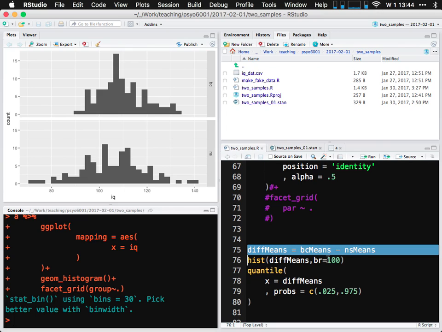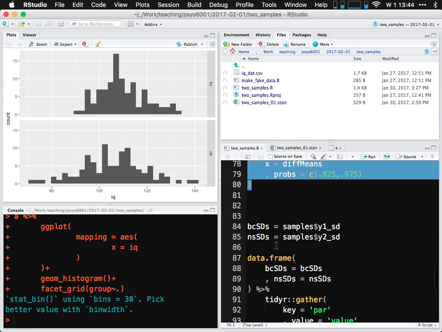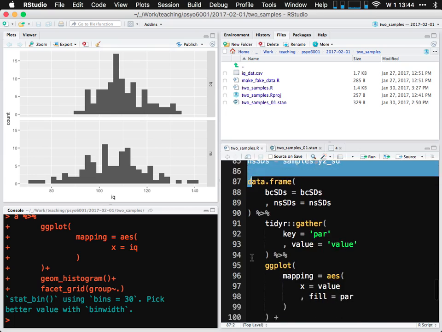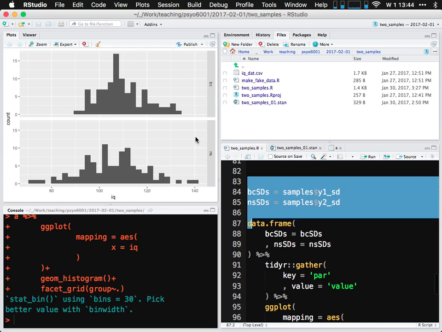And we get the histogram of differences and the credible interval for the differences. I showed you that you could actually do the same thing for the standard deviation, so you could speak to not only differences between the groups in terms of their location on the x-axis, but also the amount of variability there is within each population.